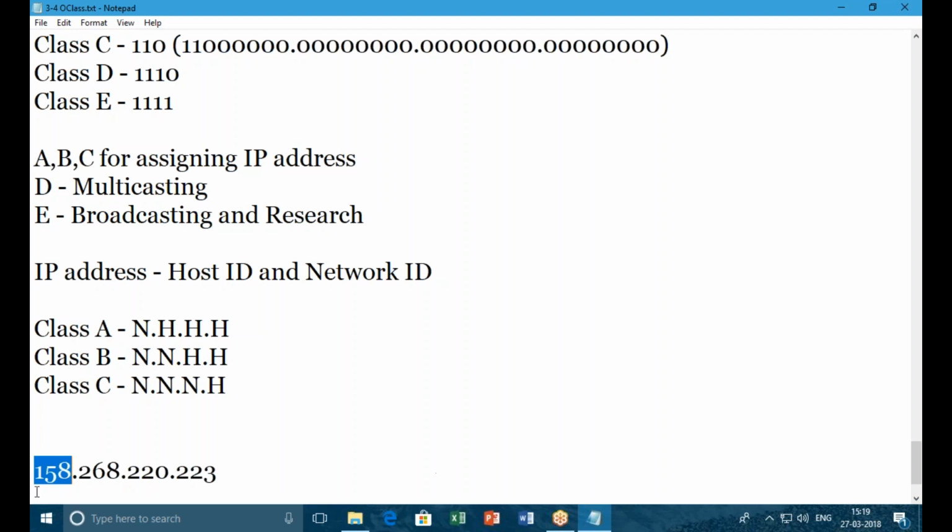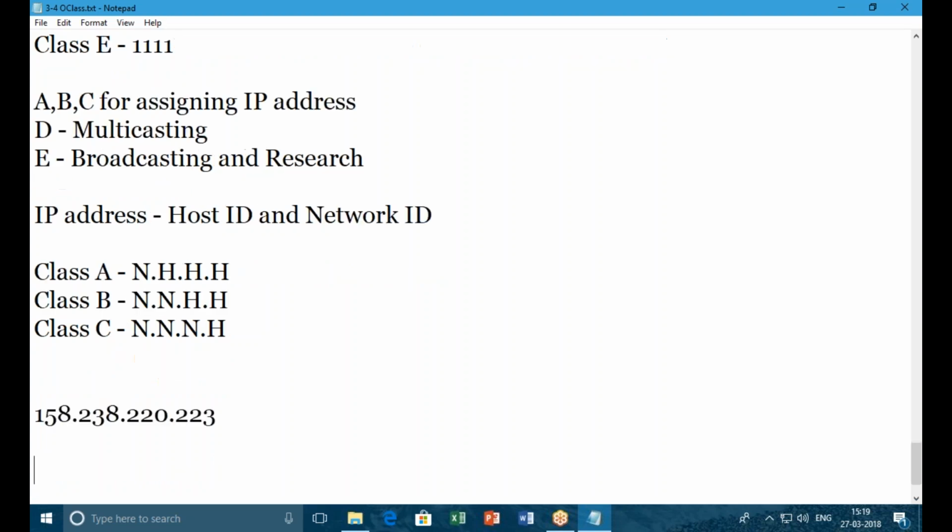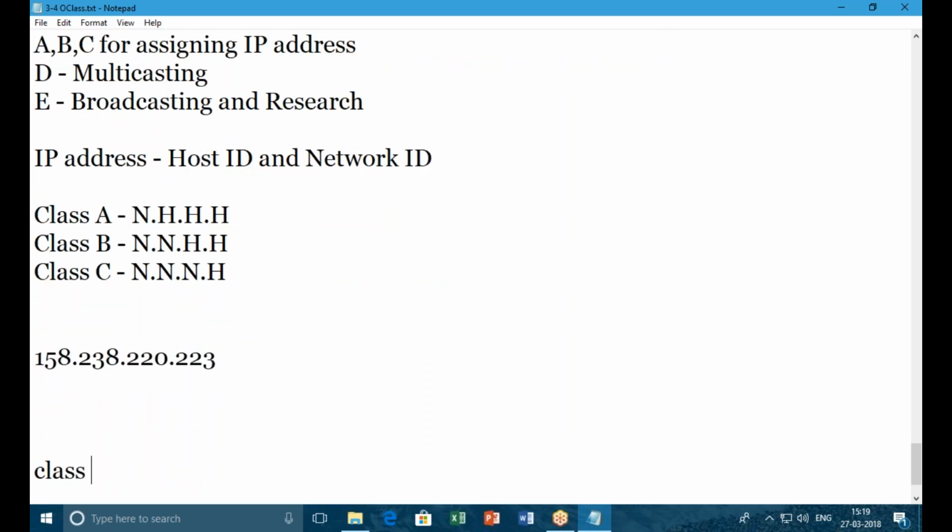We have to take only the first octet to identify the class. Okay, next. In class A, we know that the range is 0.0.0.0 to 127.255.255.255.